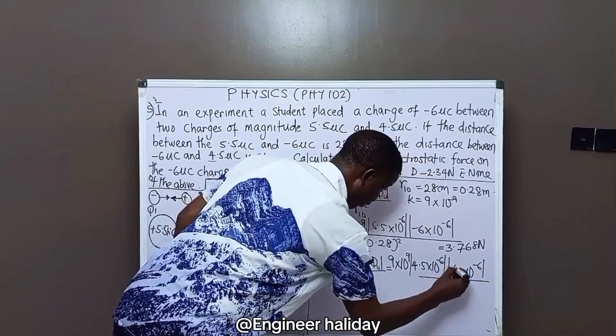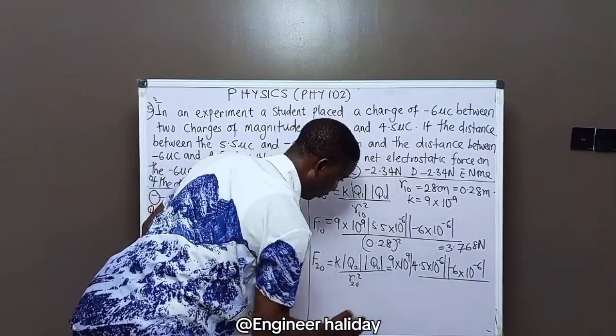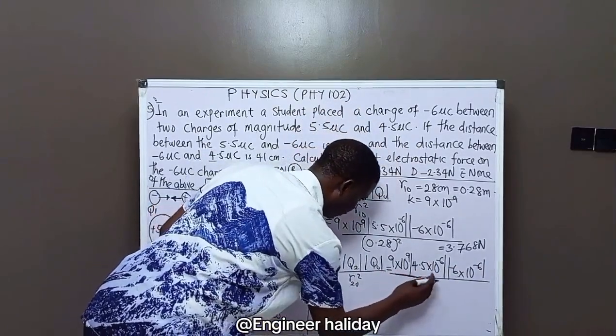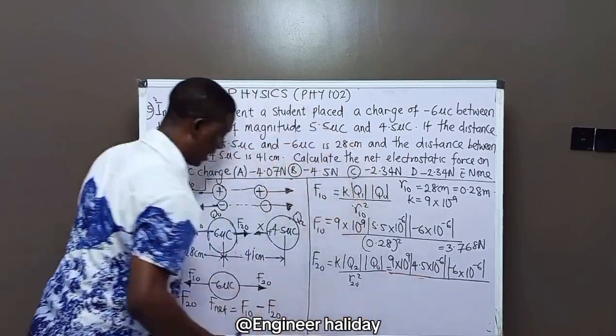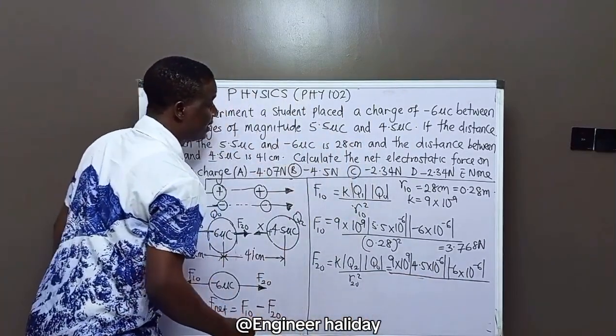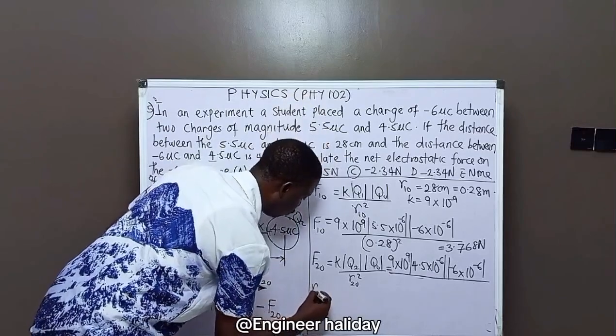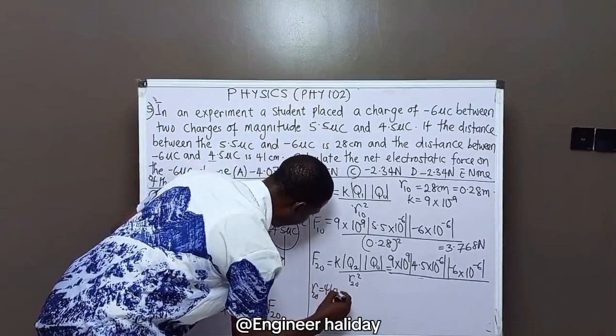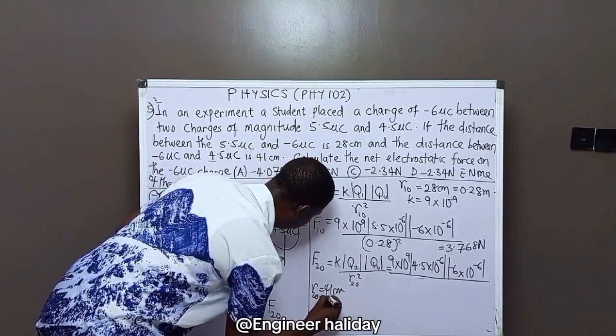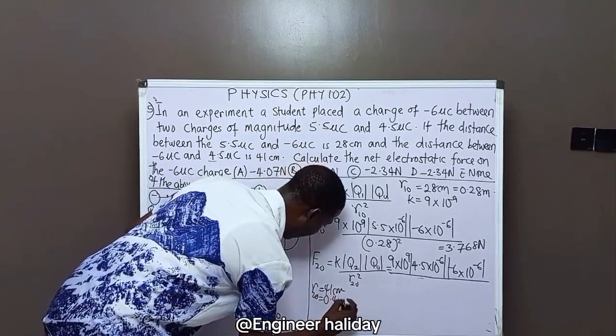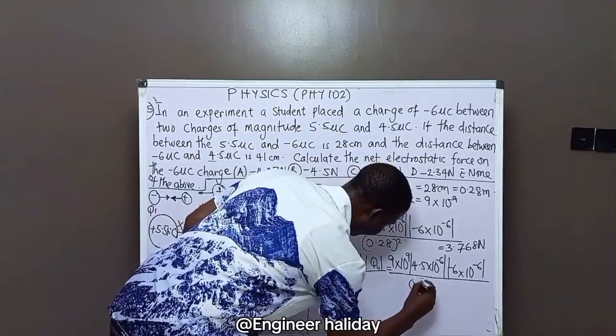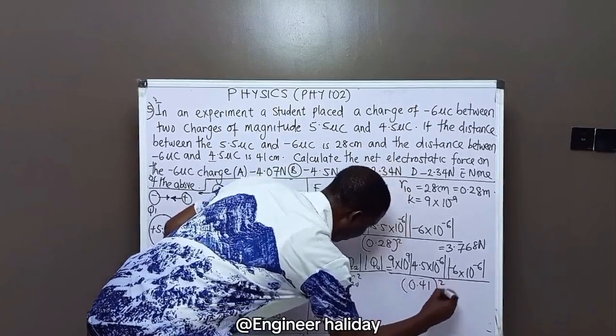I mean, sorry, minus 6 times 10 power minus 6. Change the microcoulomb. Divide by what is our distance apart? You convert it. The distance between them, R20, is 41 centimeter. Convert 41 centimeter to meter, you have 0.41 meter. So this 0.41 meter all square.